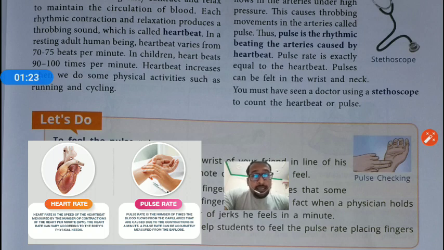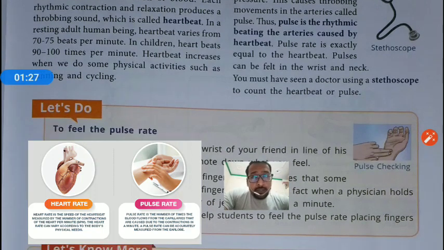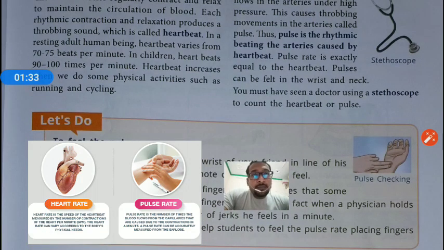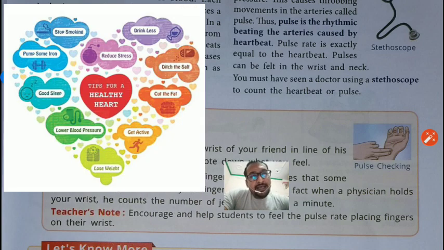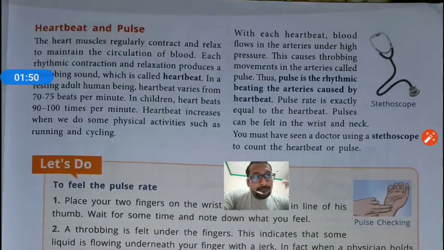Whereas in young children like you, and much younger children, the small babies, the heartbeat is faster. The heartbeat increases when we do physical activities as well. So exercises are also very good for our heart and blood circulation.